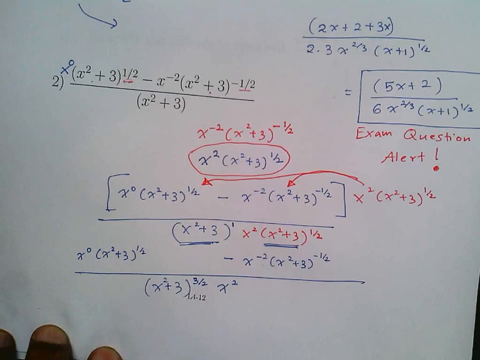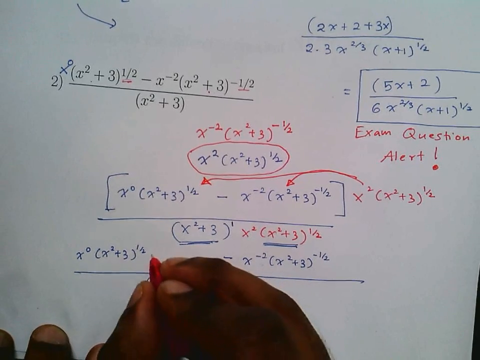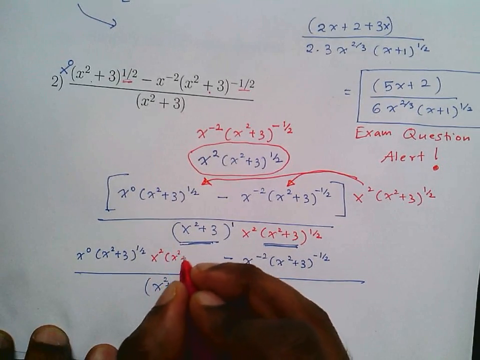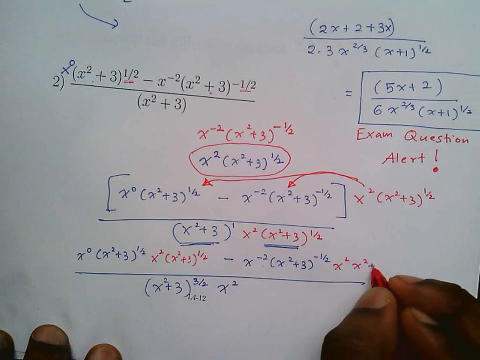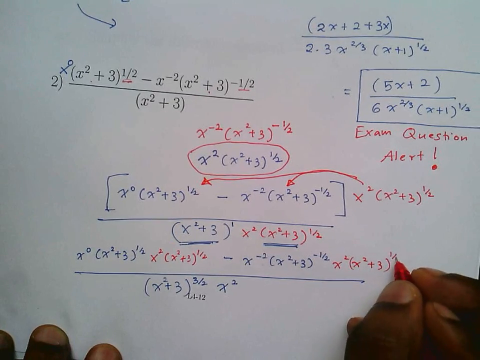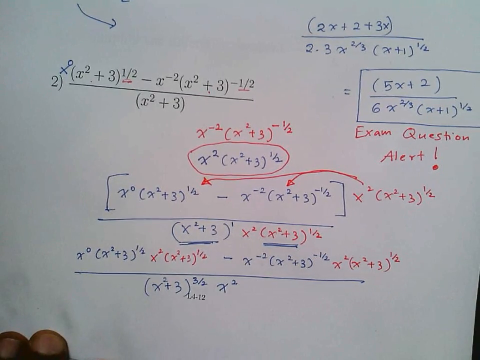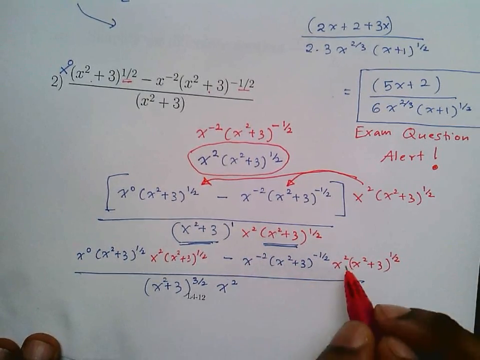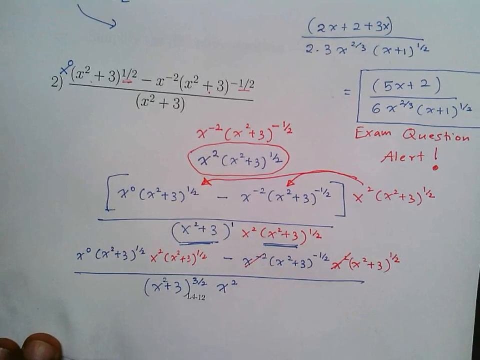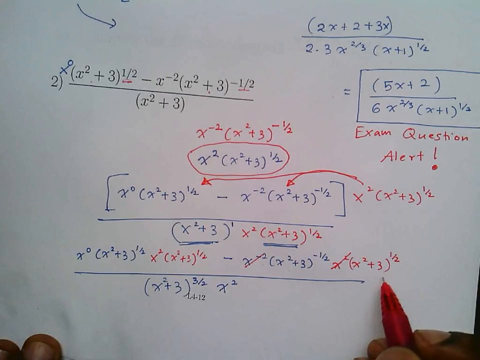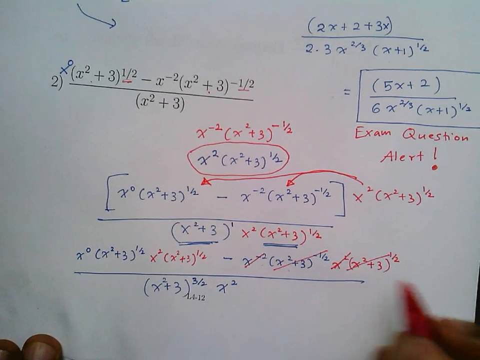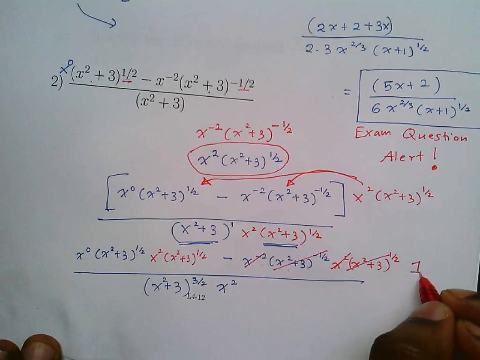Okay, and then here I'm going to distribute. So x squared plus 3 to the power 1/2. Here x squared plus 3 to the power 1/2. Now what's really important here is that you know all the rules of exponents and you should be able to apply them. Right now what happens here is x to the power -2, x to the power 2, that becomes 1. X squared plus 3 to the power -1/2 and x squared plus 3 to the power plus 1/2, that becomes 1. So this thing becomes a huge 1.